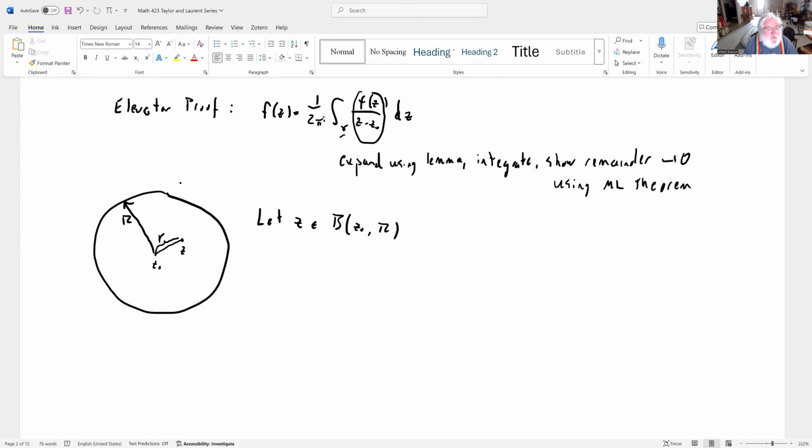To be able to use the Cauchy integral formula, we need to have a path that goes around z and around z0.